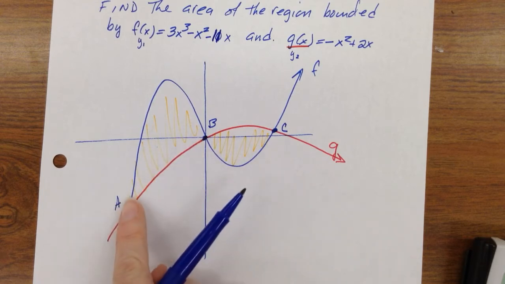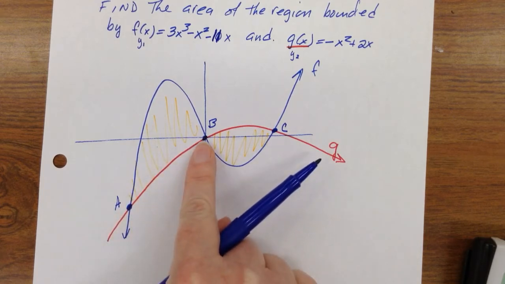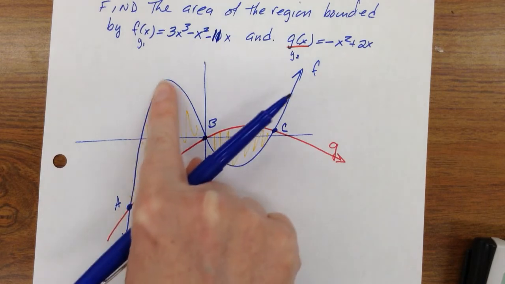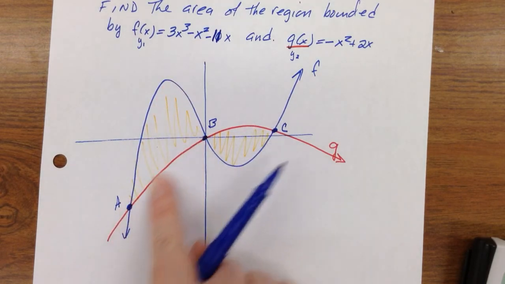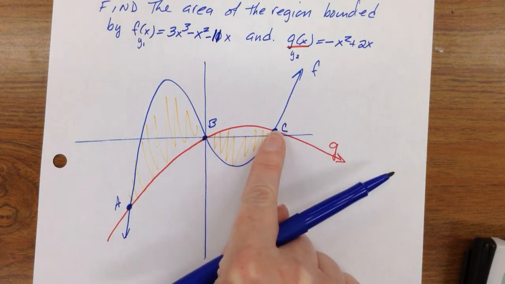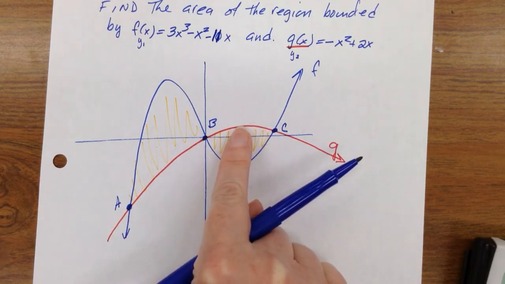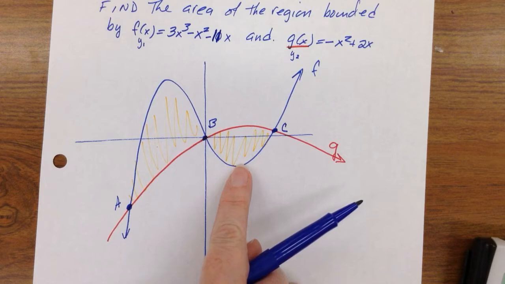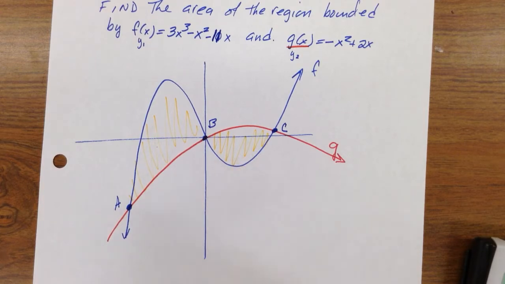Why? Because between A and B, it is the F curve that is on top and G is on the bottom. But between B and C, now the G curve is on the top and the F curve is on the bottom. If the functions change, top, bottom, bottom, top, you have to set them up as two separate integrals.